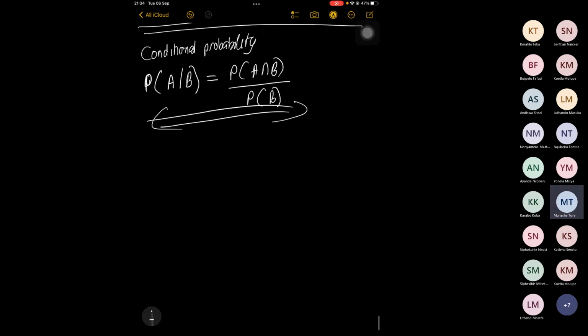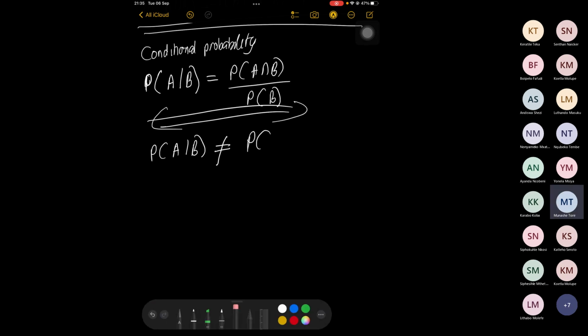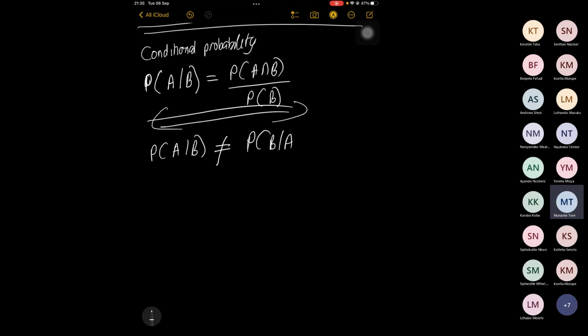Also, one thing you have to know is probability of A given B is not the same as the probability of B given A. These are two different things.